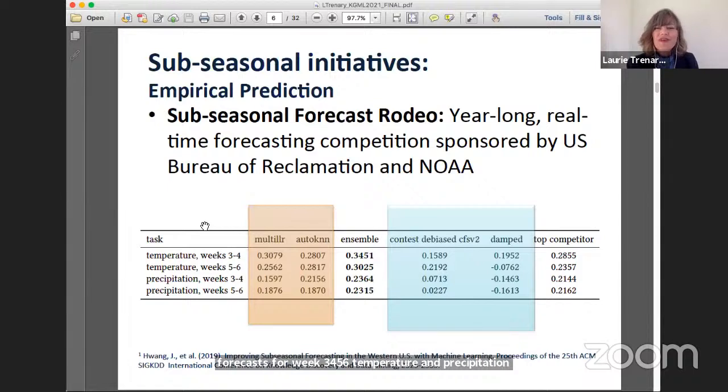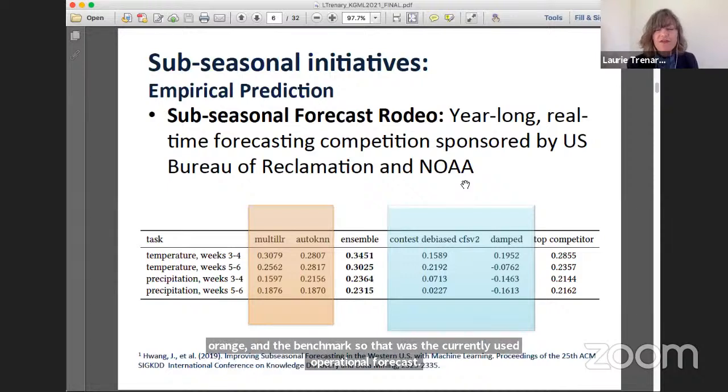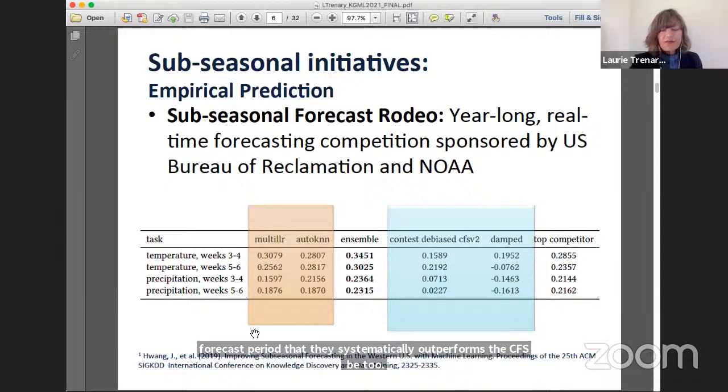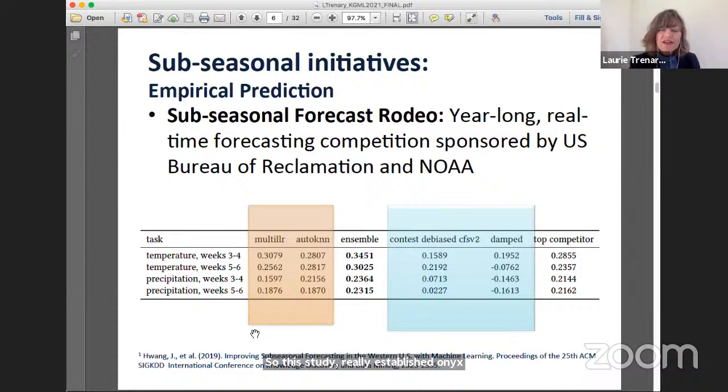Here I'm showing some skill results from the inaugural winners, highlighted in orange, and the benchmarks. Those were the currently used operational forecast by NOAA, the CFSv2, and damped persistence. You can see that over the forecast period they systematically outperformed the CFSv2. So this study really established unequivocally the utility of using machine learning methods to advance our subseasonal predictive skill.